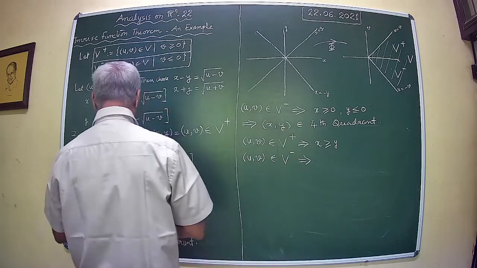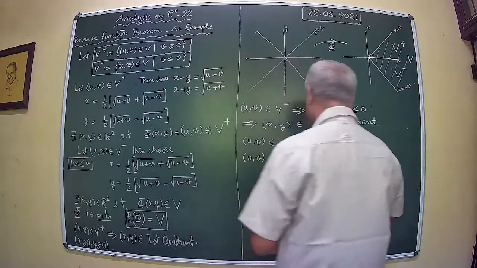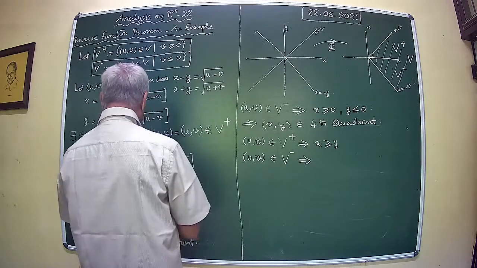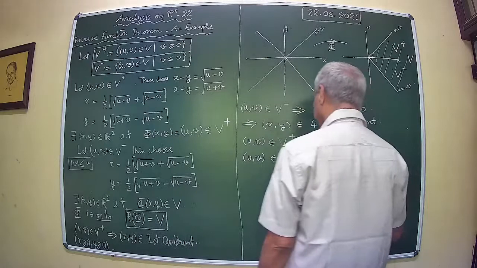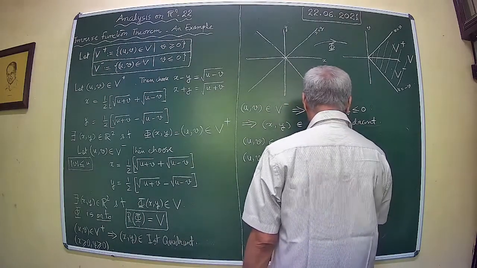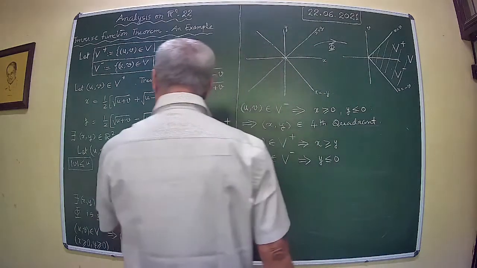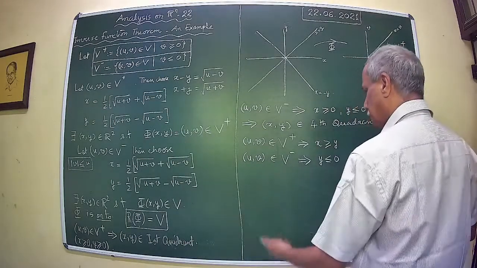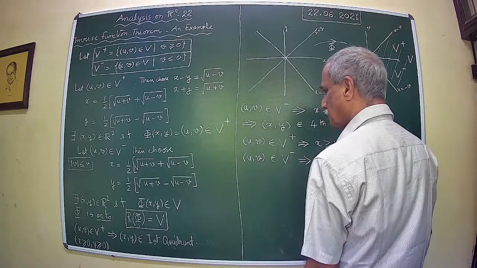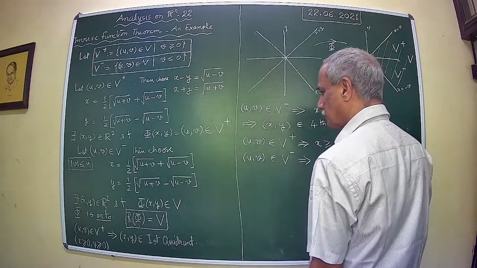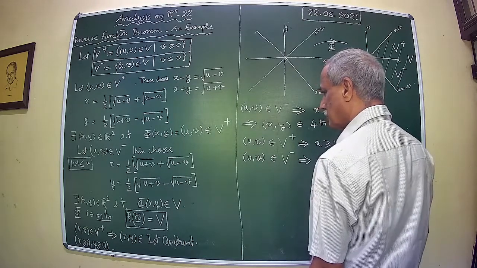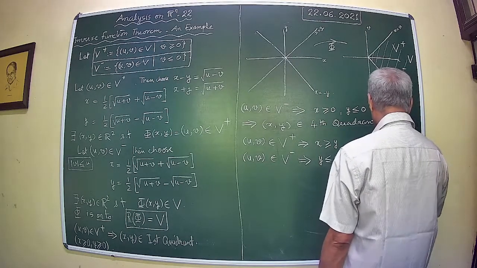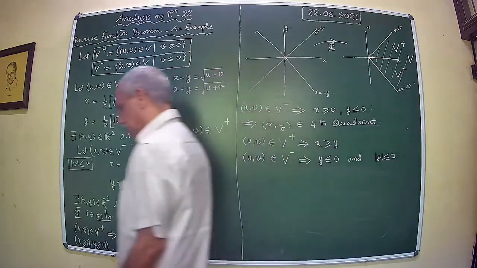Y is negative. Okay. But if you take mod y, since y is negative, then you see that it is greater than or equal to 0, and mod y is less than x.